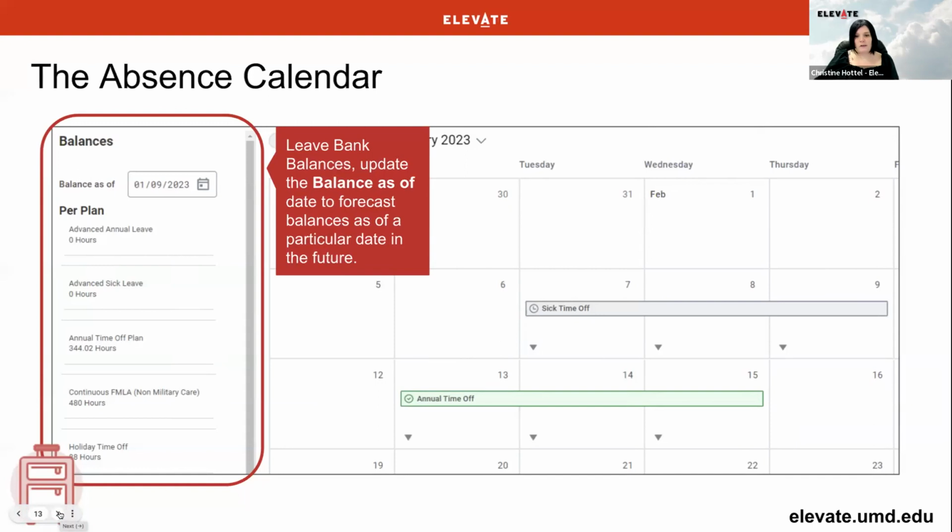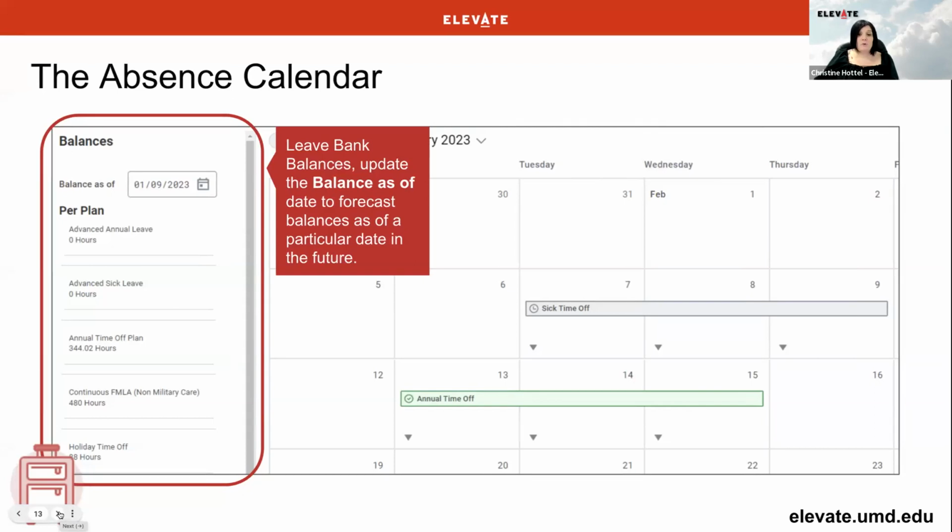There are more plans as you scroll down, but you'll see your annual time off plan. They've got 344 hours available as of this balance date, which is January 9th. You'll see that we can actually change the balance as-of date, and it will adjust the plan balances accordingly.